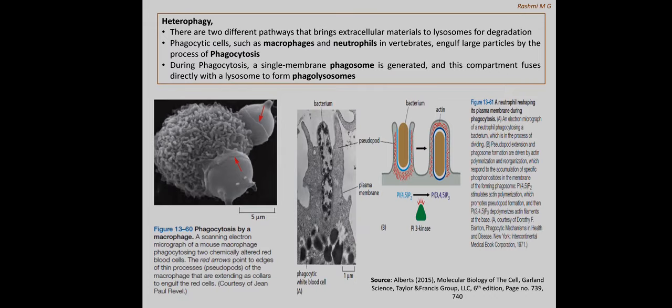During phagocytosis, first a single membrane phagosome is generated and this compartment fuses directly with the lysosome. This is the lysosome and the pink one is the phagosome, which is single membrane.